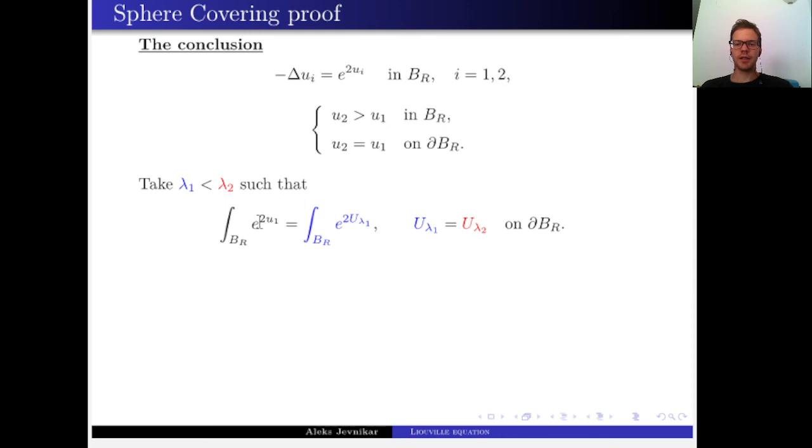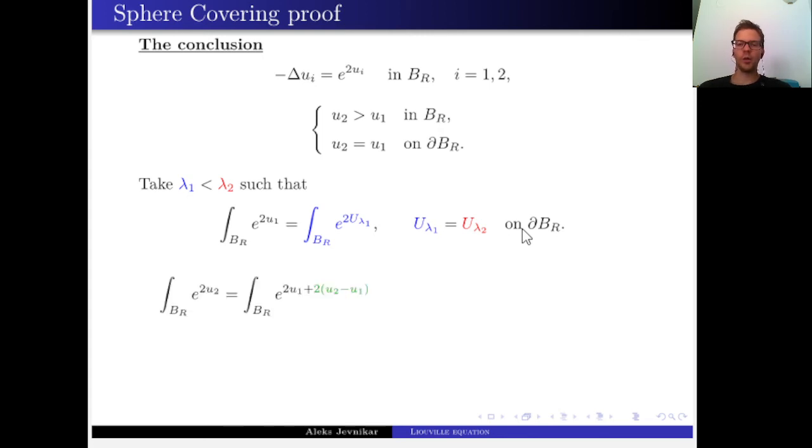The idea is to take now two spherical caps. So you take lambda such that the total integral of the smaller solution coincides with the area of the smaller cap.